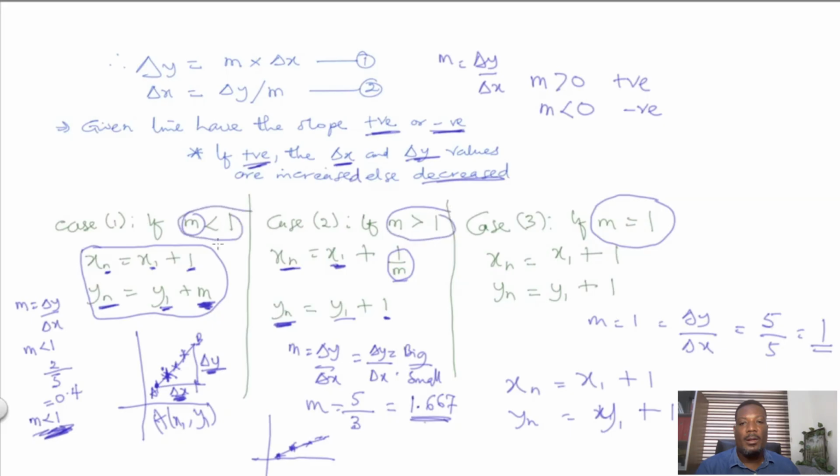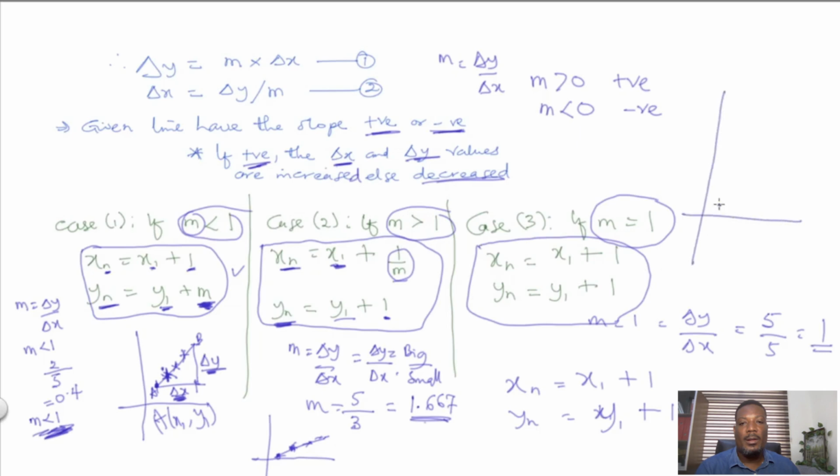Once we have these formulas in mind, we should be able to use the DDA algorithm to come out with the intermediate coordinates that are needed to form a straight line when we have the points A and B already given to us. Alright, so now let's go on to how the algorithm really works.